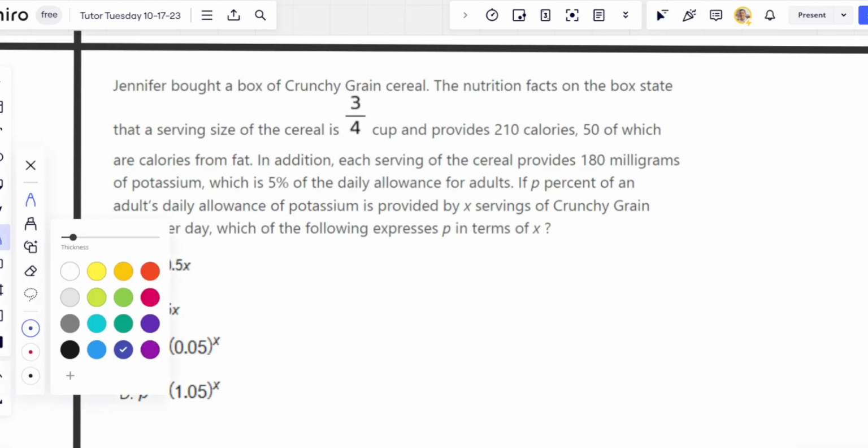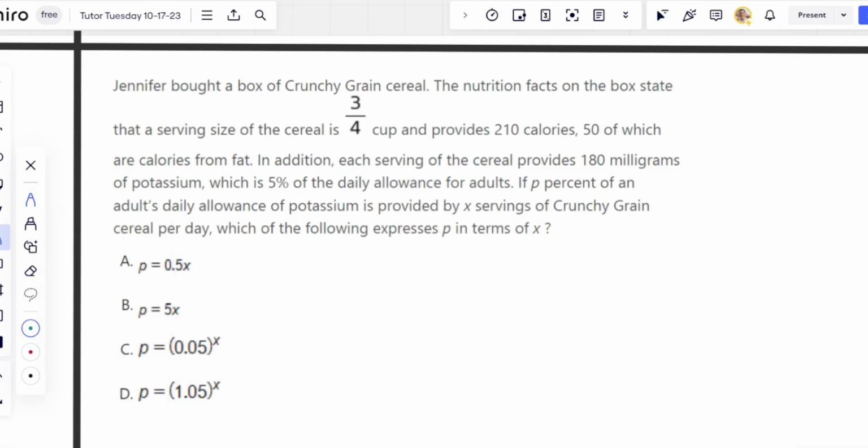The nutrition facts on the box state that a serving size of the cereal is 3/4 of a cup and provides 210 calories, 50 of which are calories from fat. In addition, each serving of the cereal provides 180 milligrams of potassium, which is 5% of the daily allowance for adults. If P% of an adult's daily allowance of potassium is provided by X servings of crunchy grain cereal per day, which of the following expresses P in terms of X?